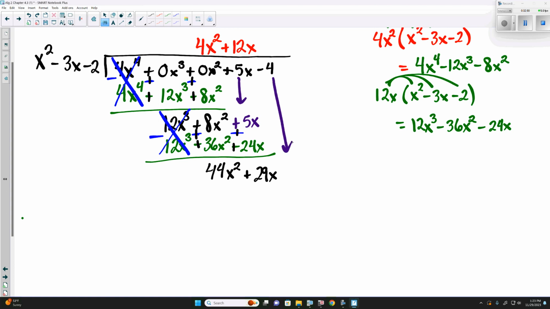And then we bring down the minus 4. And lastly, 1 times x squared gives us 44x squared, so 44.